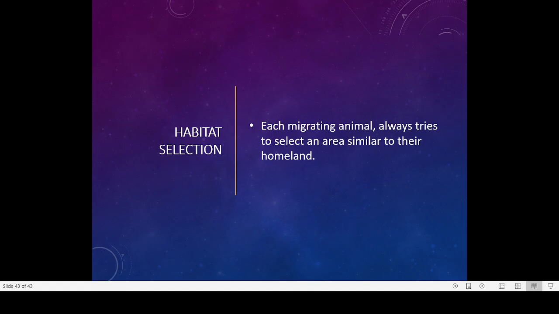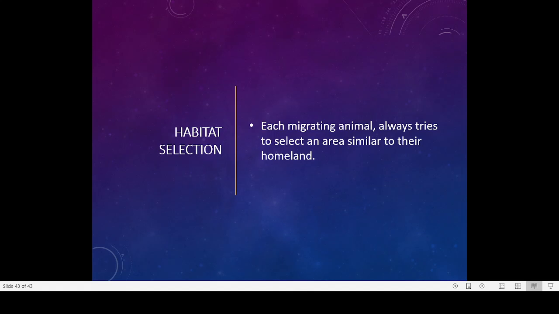So that is another problem. The absence of good habitats for surviving can also restrict some animals to a certain particular area.